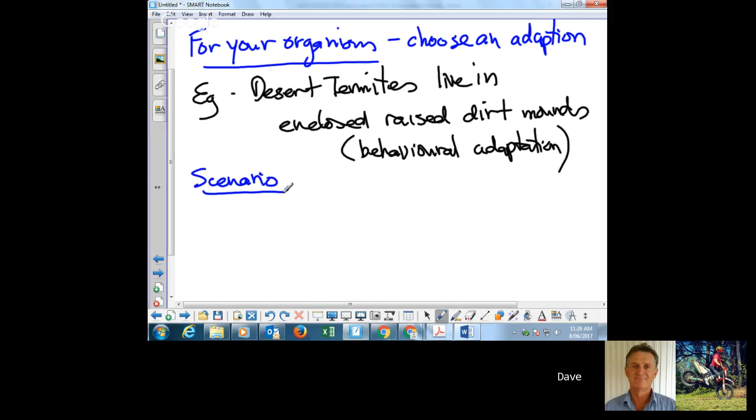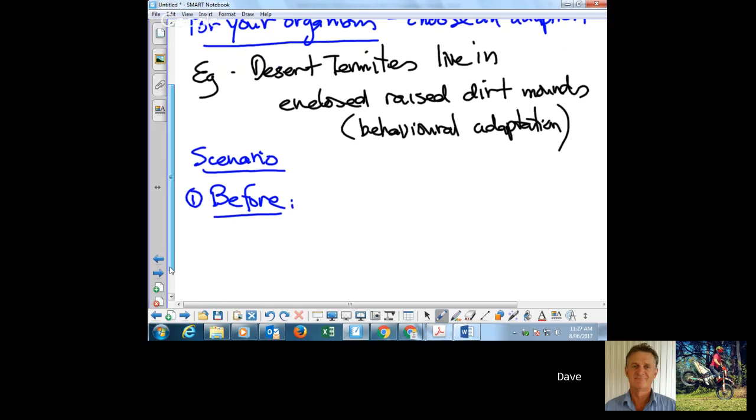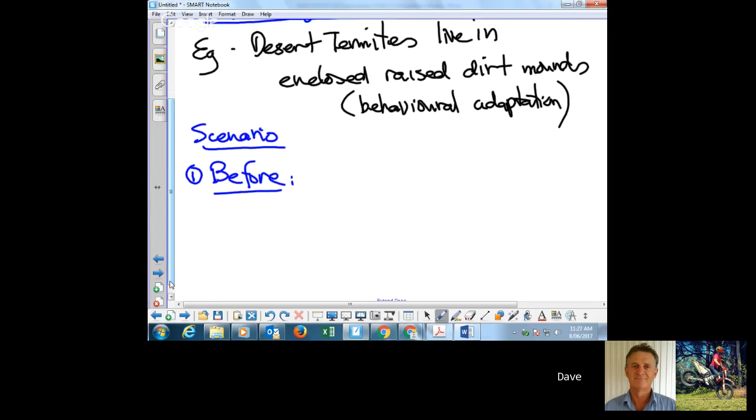So this is a scenario starting off before they had this adaptation. And we'll go through these same features that we had before.